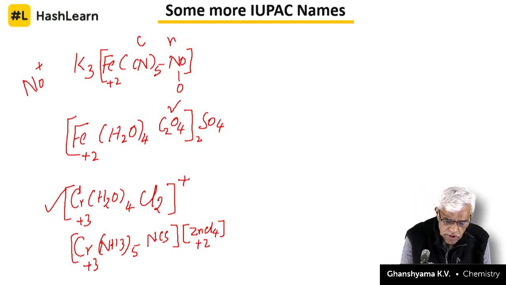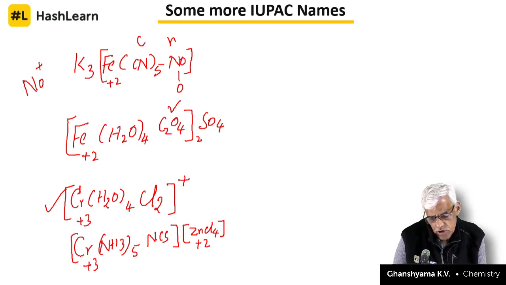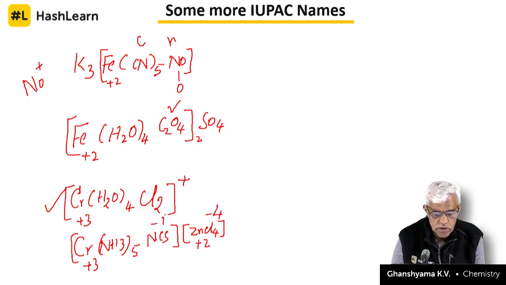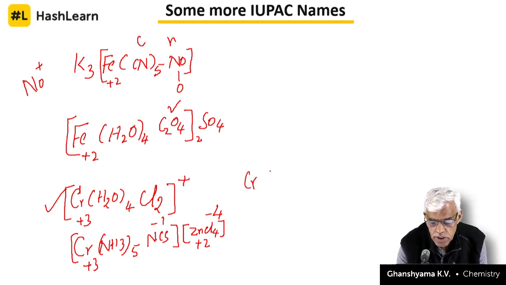If it is chromium and chromium, equal oxidation state must be distributed. But here this is -4 and this is -1. Totally it is 5. Then how to distribute between chromium and zinc? Will it be 2.5 and 2.5?